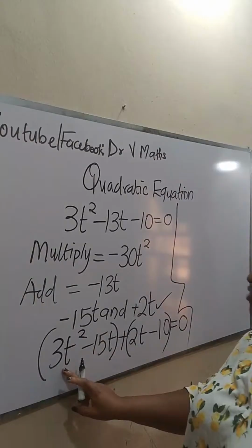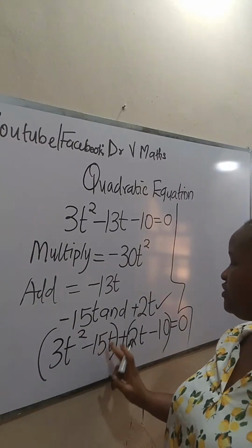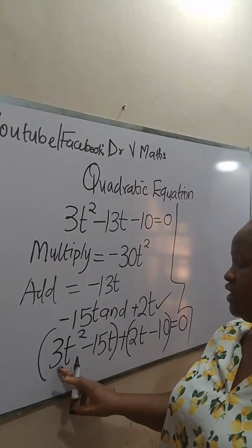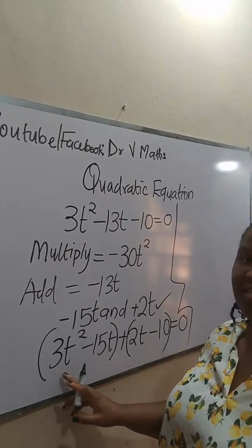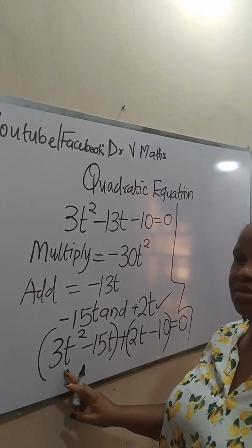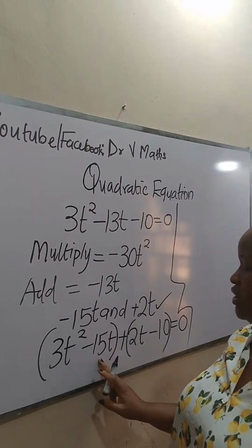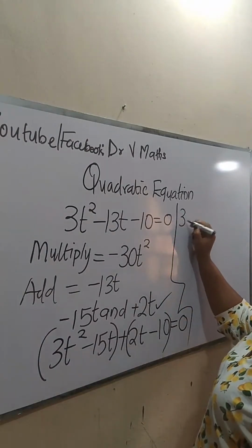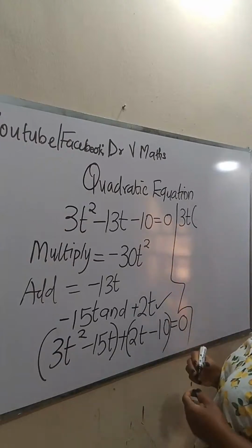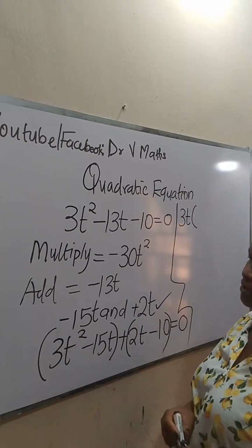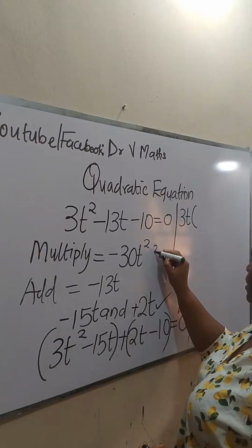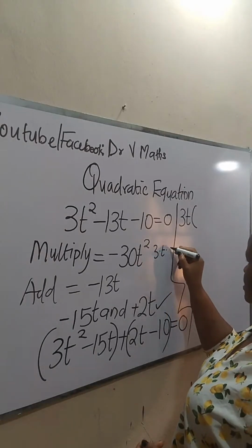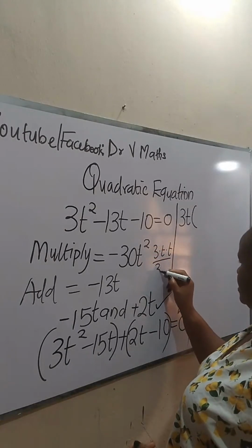Now here we have 3t squared minus 15t. Now 3 can divide both, and t can divide it too. 3t can divide 3t squared, and 3t can divide 15t. So 3t is common. We factor 3t out. Now look at 3t squared: 3 times t all over 3 times t.